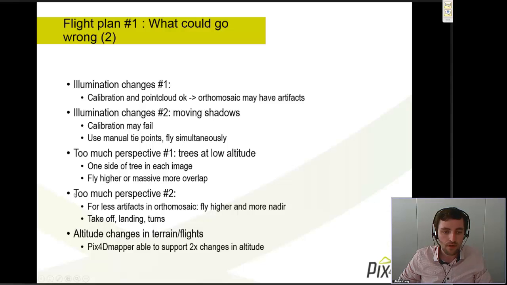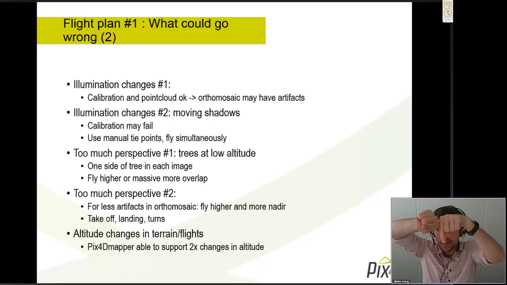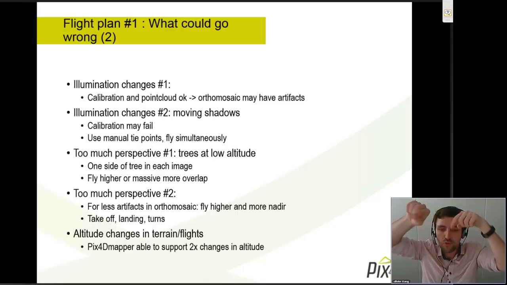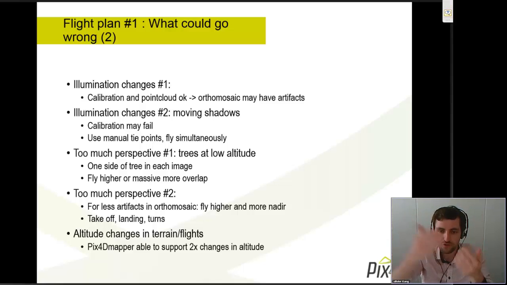In general, this effect of having too much perspective can also happen when you have images from the takeoff, from the landing, or when the fixed wing is turning and taking images that are almost totally oblique. If you have one oblique image among a ton of different nadir images, the angle between the cameras is probably too high to match features between them.